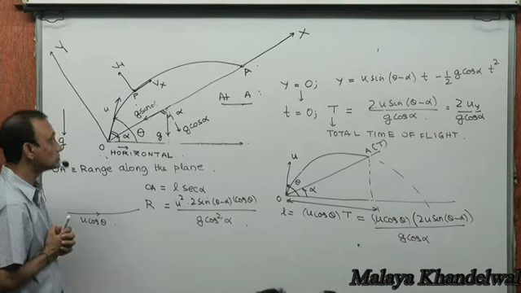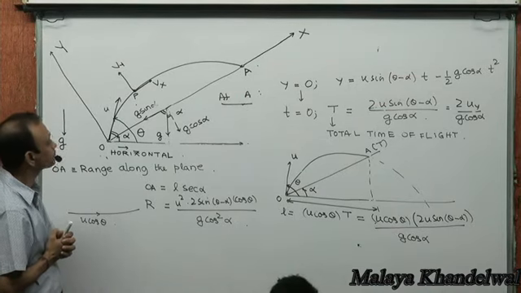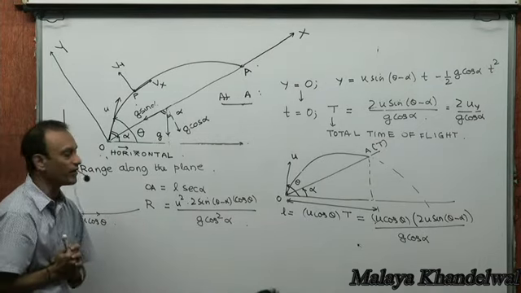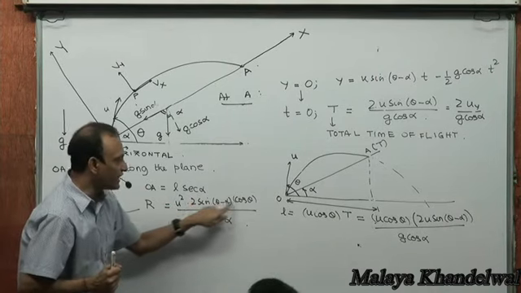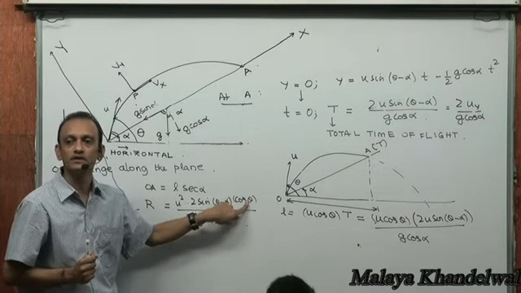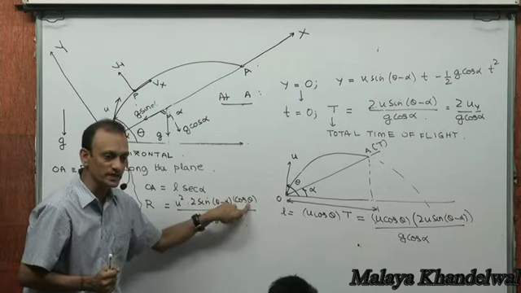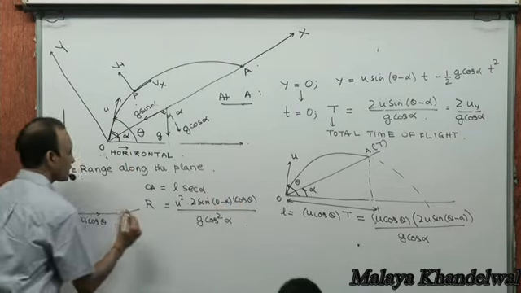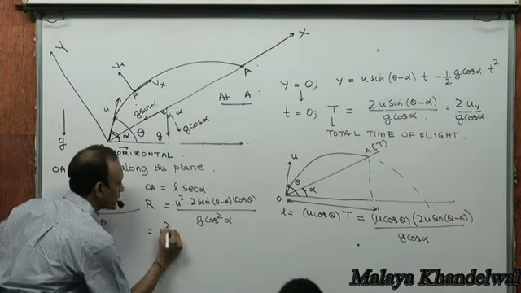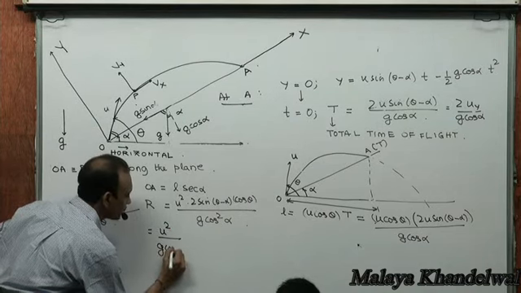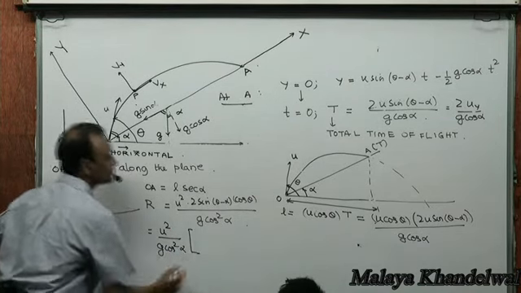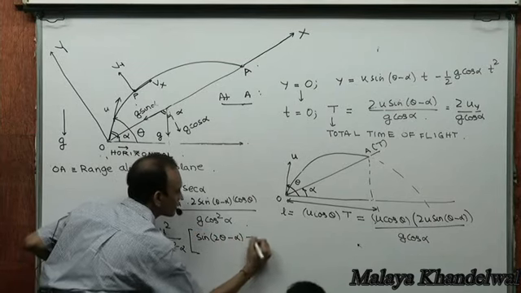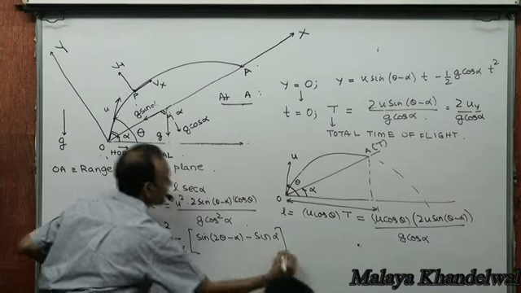Now, see, I can simplify it even further. 2 sine A cos B. Do you recall the formula for 2 sine A cos B? Sine A plus B plus sine A minus B. So let me expand this. This then becomes U squared by G cos squared alpha into sine A plus B plus sine A minus B. If I apply that result, this is what I get.